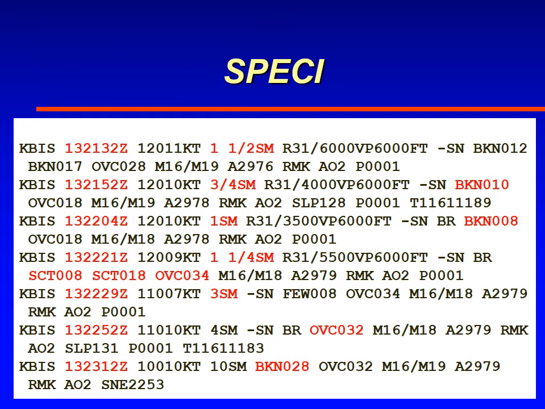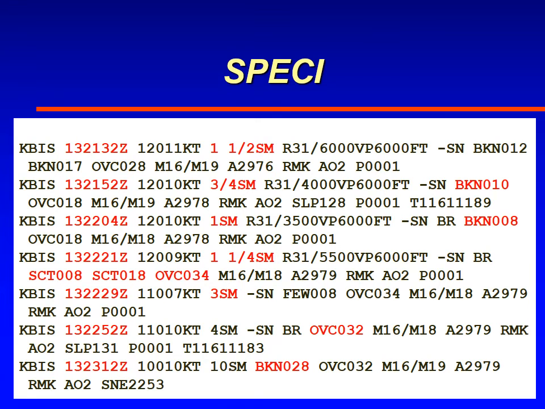The next time, at 2221 Zulu, you see the visibility went up to 1 1/4 miles, so it didn't exceed 2 or 3. It just went up to 1 1/4. But notice the ceiling: it went from 800 broken to overcast at 3,400.